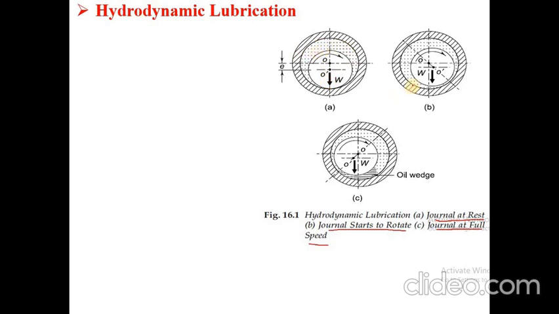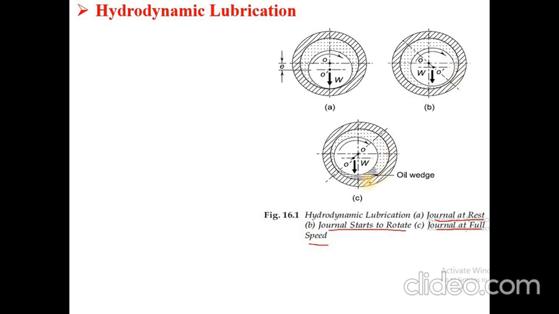Now as the journal starts to rotate, it starts to climb over the bearing surface, or the bush. In that case it forces the fluid to flow through the wedge shape.